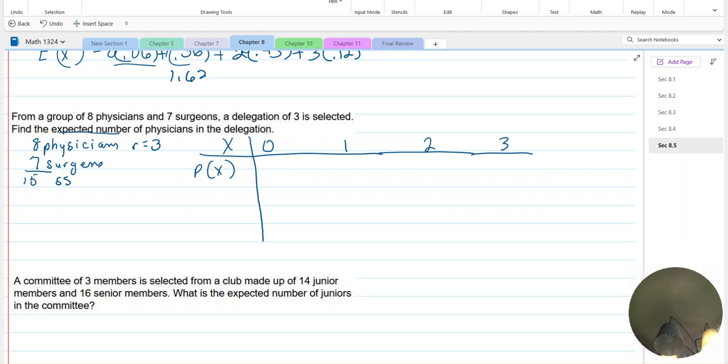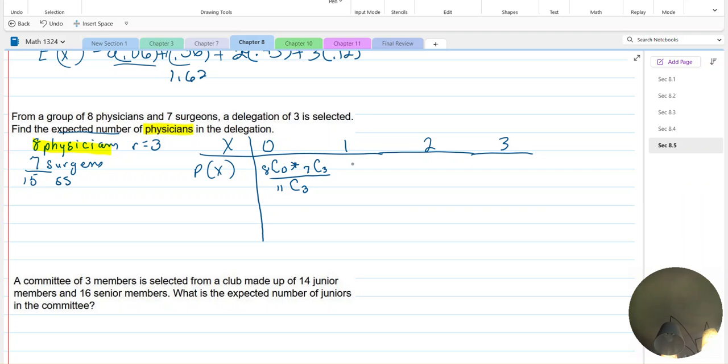All right. So we're talking about our 8. In our physicians, we're going to have 8 choose 0 times, and the other ones are 7 choose 3 over 11 choose 3 for our probability.